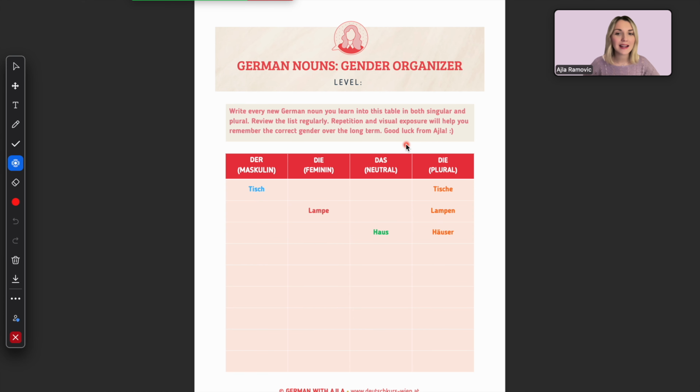As you can see in this table, we have the 3 genders as well as the plural, and of course the articles that we use in those situations. For example, der masculine, die feminine, das neutral and die plural.